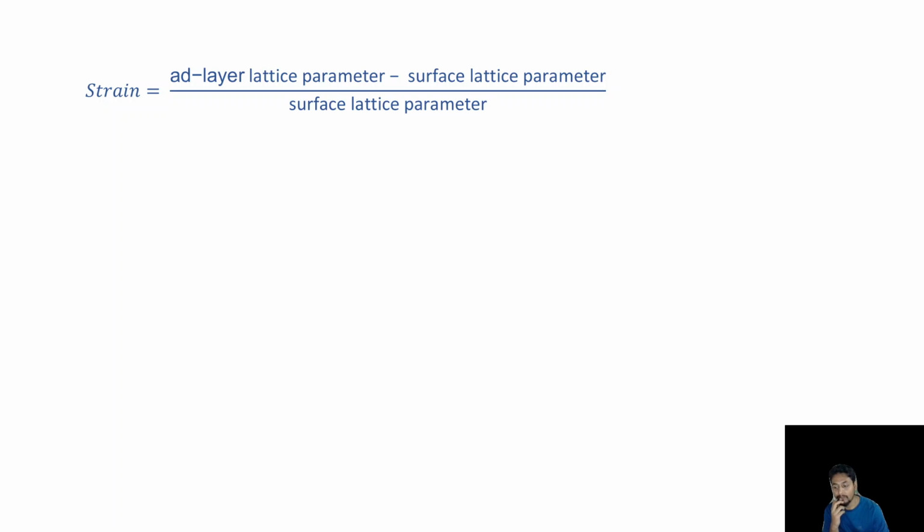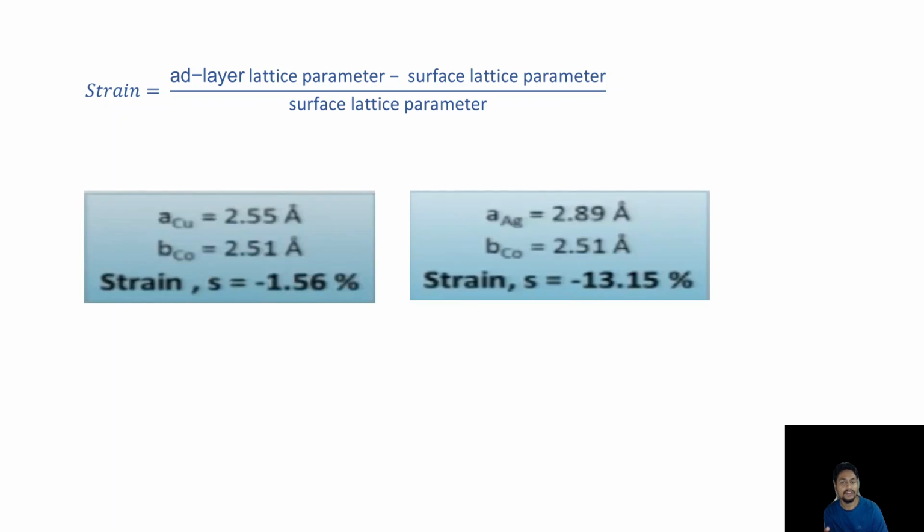And then strain, depending upon the lattice parameter of the add atoms and the lattice parameter of the surface atoms, how much strain is there, and that strain is again going to determine what kind of growth of the add atoms on the surface will be. So in this case, let's take copper, right?